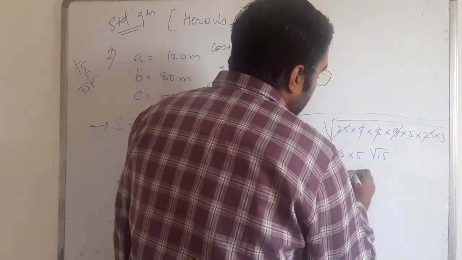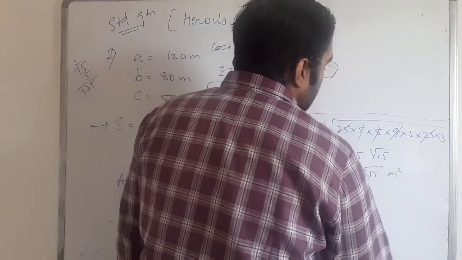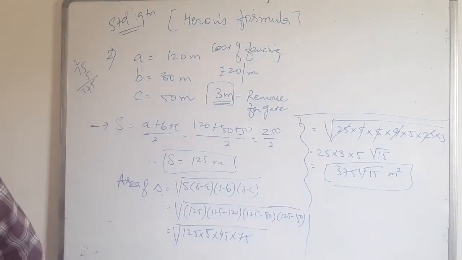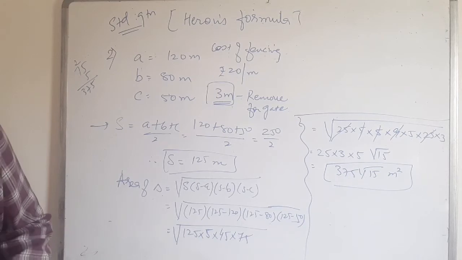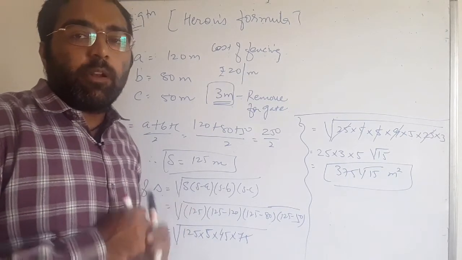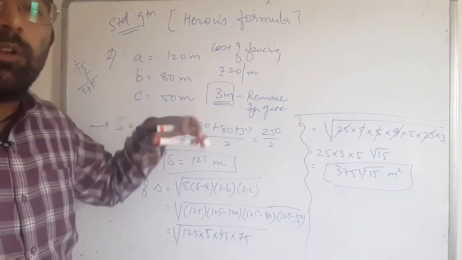So my area is 375 root 15 meter square. My area of the triangular park is 375 root 15 meter square. Yeah, clear.